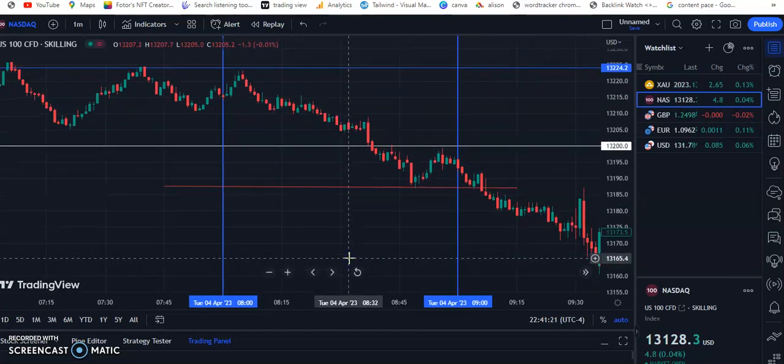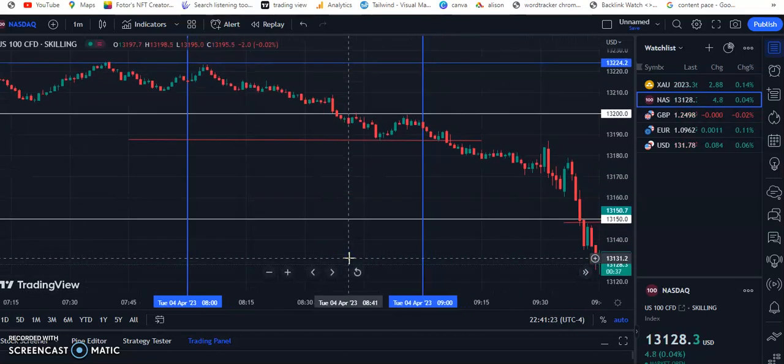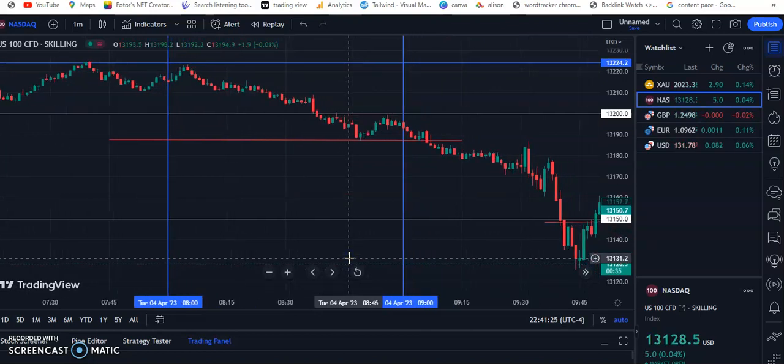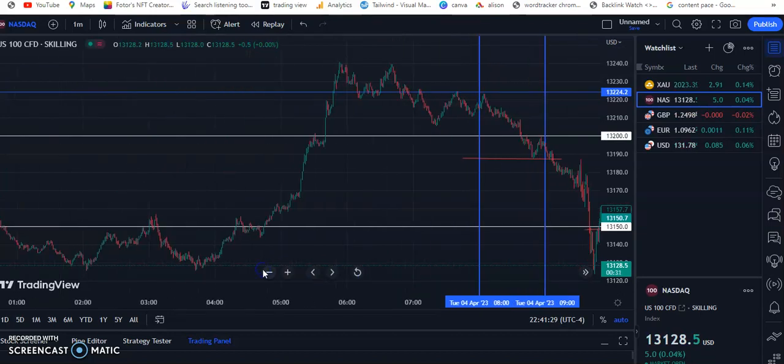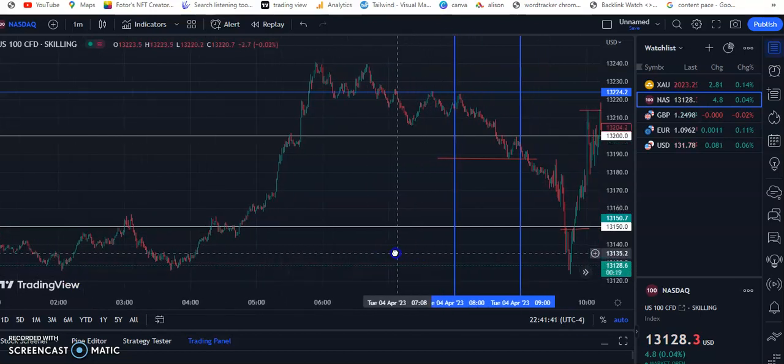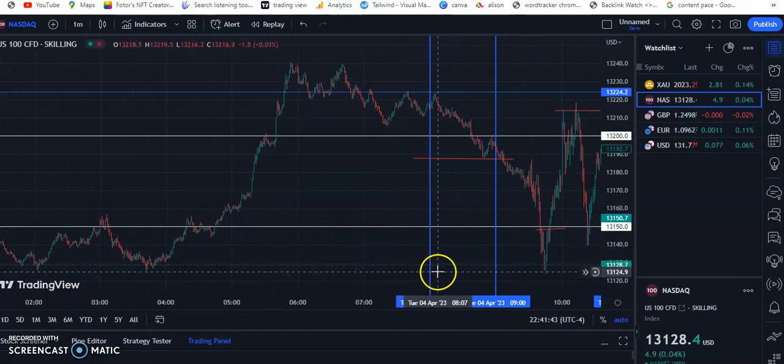Now, as the market continues, it breaks down below the double zeros. And, well, I've not plotted the quarterly levels, but we can look and see.